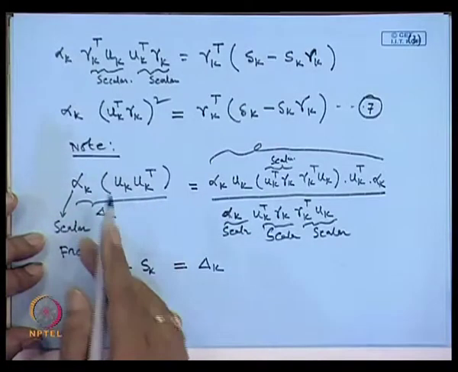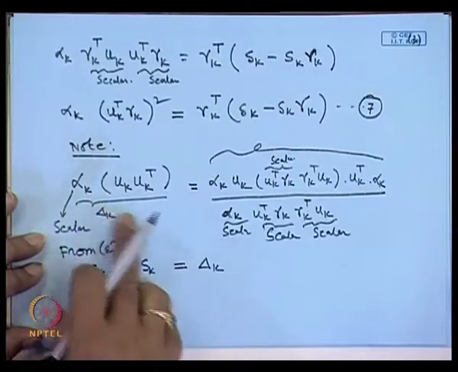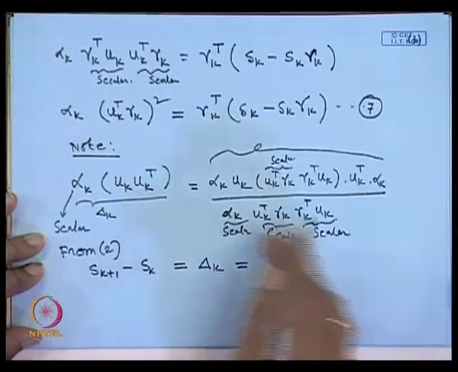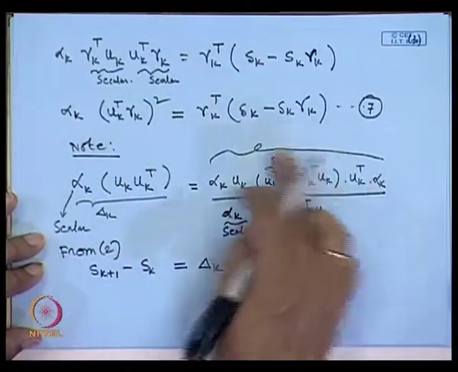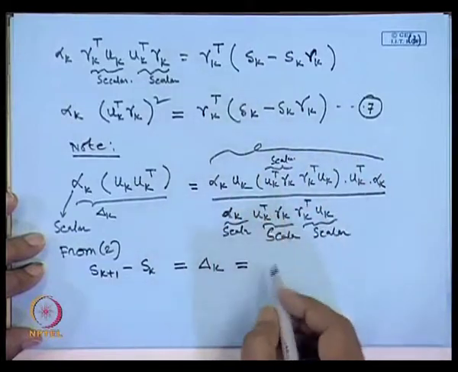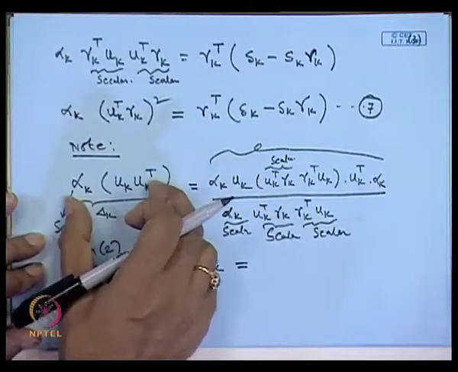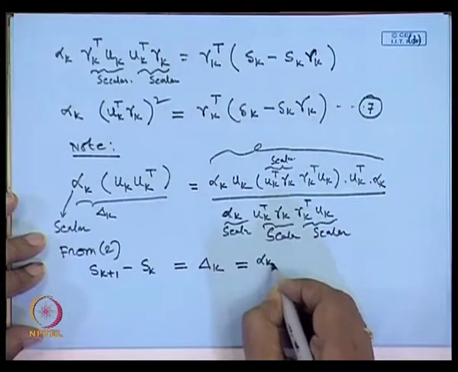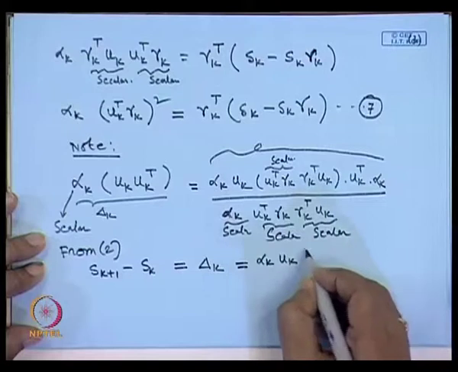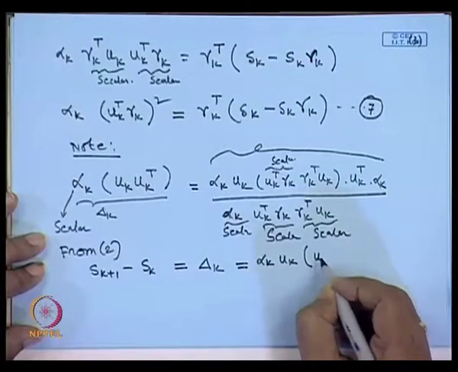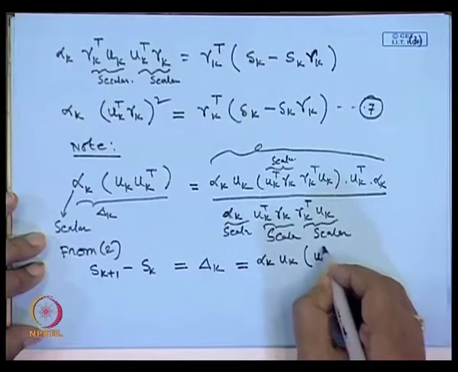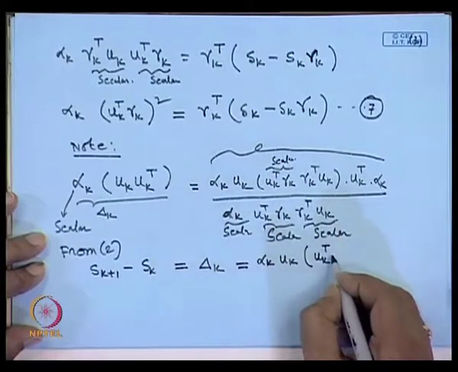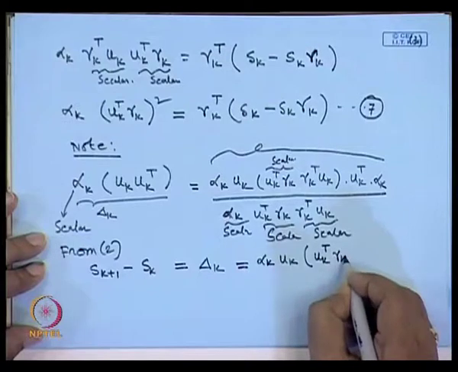So, I can write the value of delta k now. What is the value of delta k? From this expression I can write the whole expression, because we have just shown it. So, you can write alpha k u k, then u k transpose, again I am writing into gamma k.